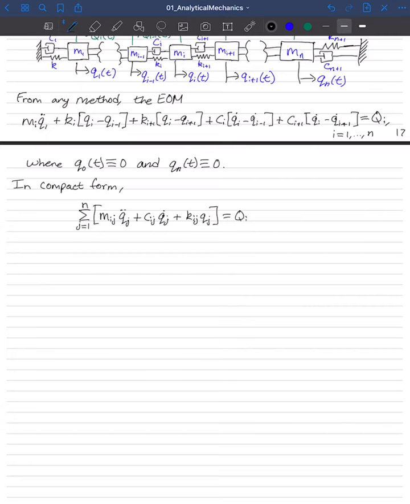Why don't we add the of t up here as well, just so that we can distinguish that this is an external force and not some kind of degree of freedom. And then this is true for i equal to 1 all the way up to n.